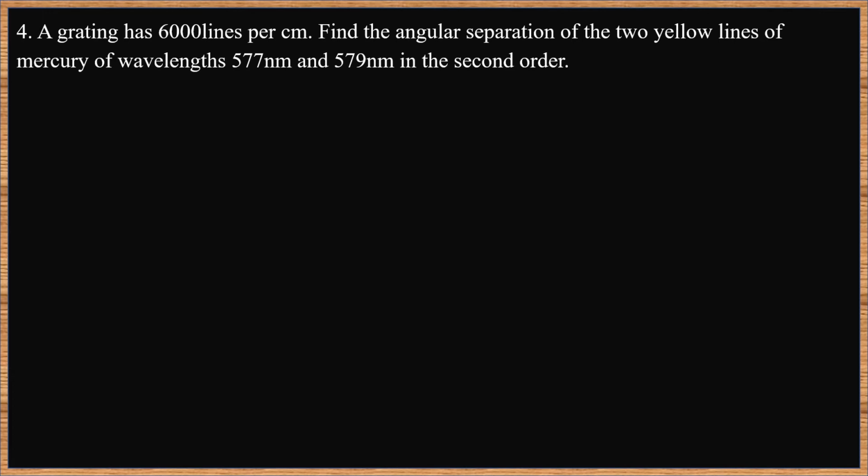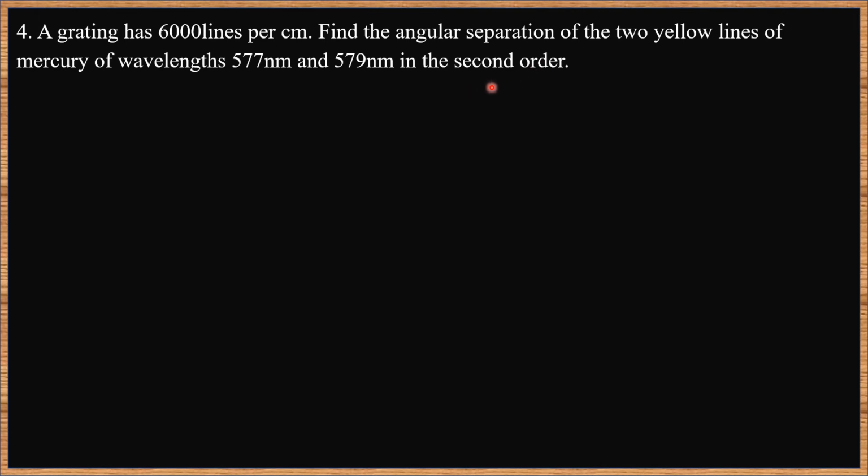Yes, question: a grating has 6000 lines per centimeter. Find the angular separation of the two yellow lines of mercury, wavelength 577 nanometer and 579 nanometer, in the second order. That is what we can see while doing the experiment.